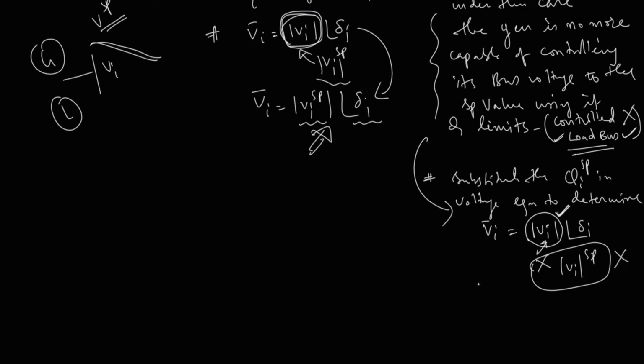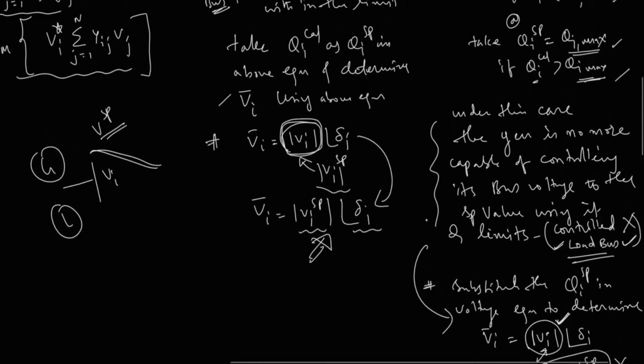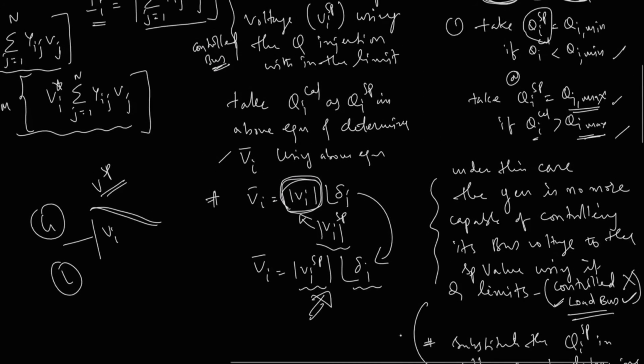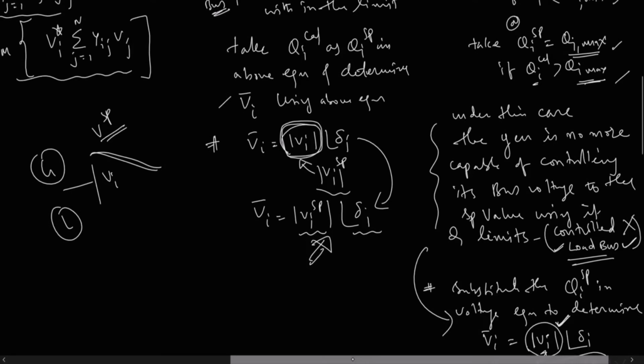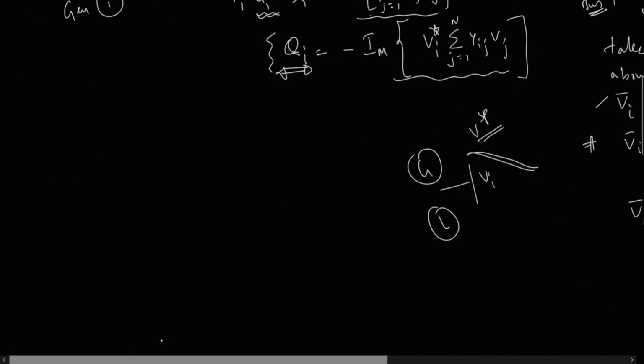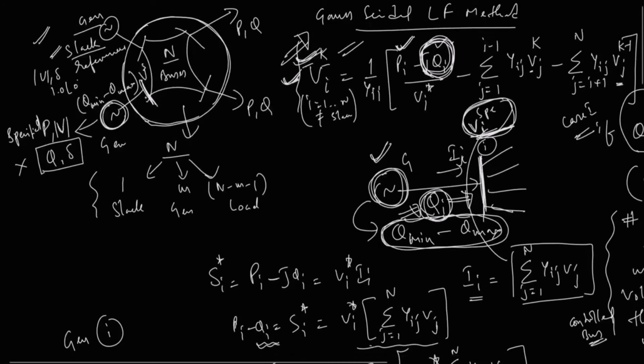So this is the brief algorithm about the Gauss-Seidel method for a network having both generator and load buses on the system, right?